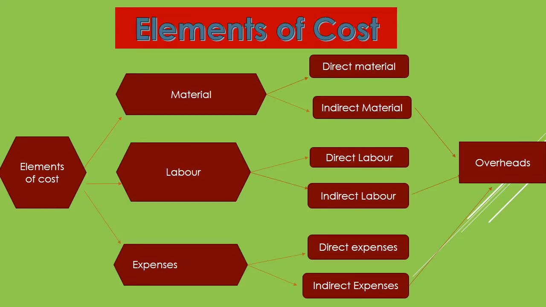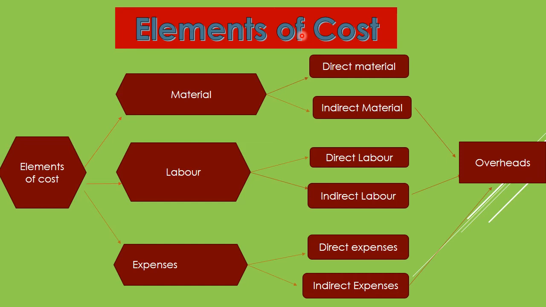Elements of cost. Elements of cost are those elements which constitute the cost of manufacture of a product. So manufacturing is just converting the raw material into finished product. For that purpose, we need the material. Then to convert this material to finished product, we need labor and some other expenses.